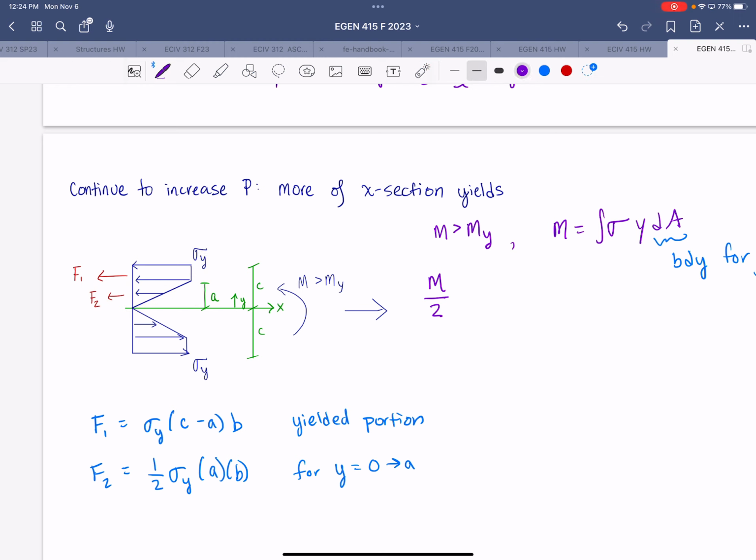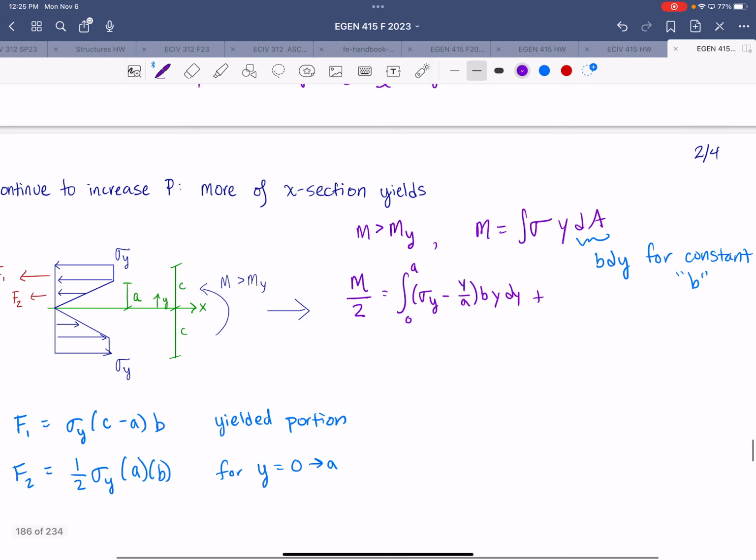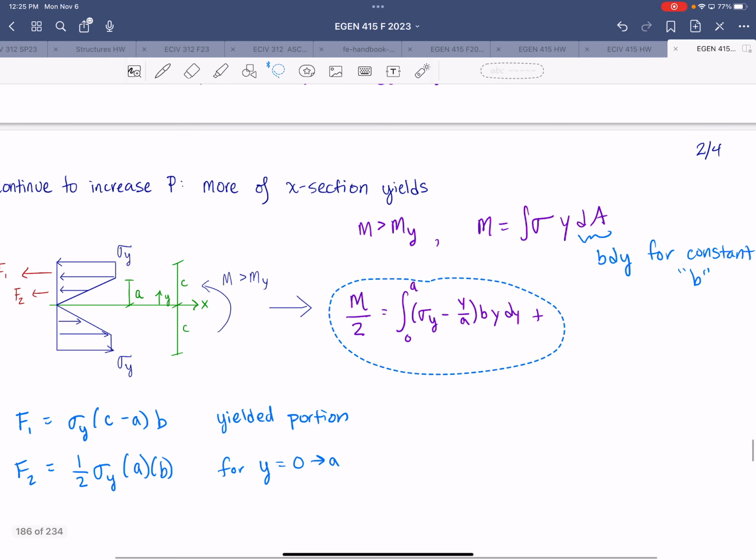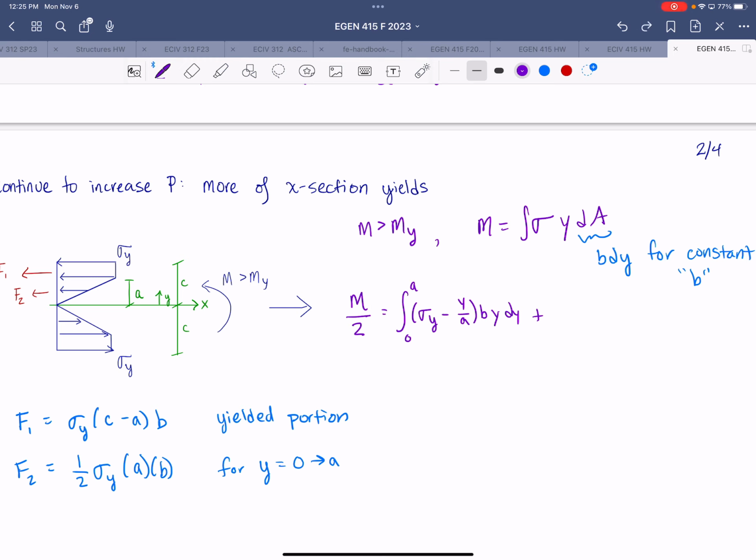So we'll say M over 2 is equal to the integral from 0 to A of the unyielded portion, that's sigma y times (y over A), all of that times B, and then times y dy. And then the integral over the area of the yielded portion, so that'll be the integral from A to C of sigma y times B dy.